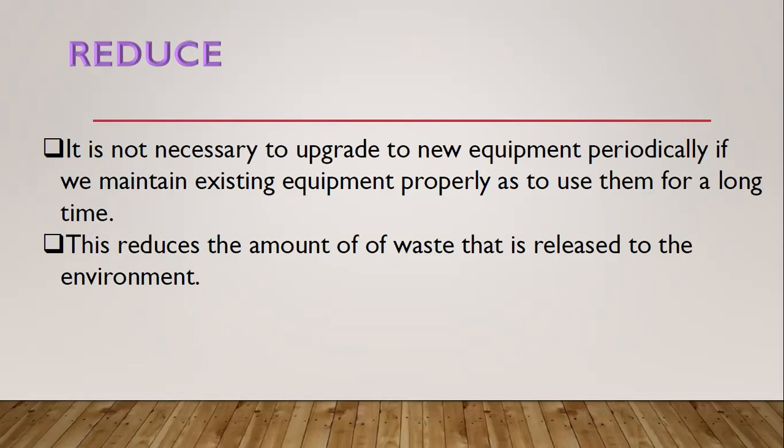Therefore, if we want to reduce the amount of waste that is released to our environment, we should minimize the usage of equipment that is out of use, and we should use it for a long time.